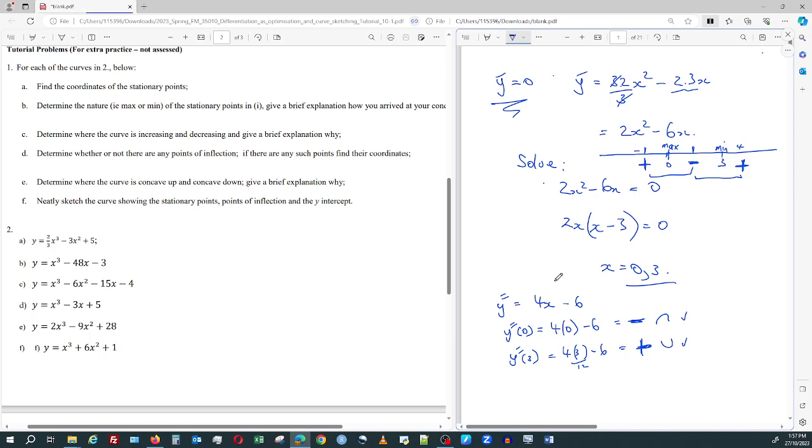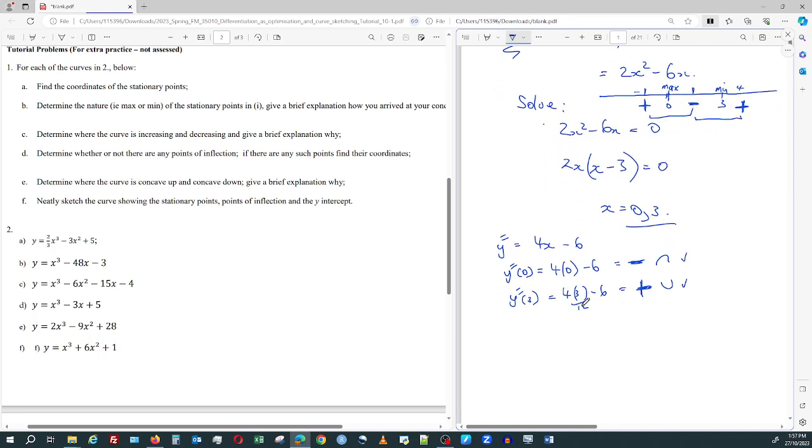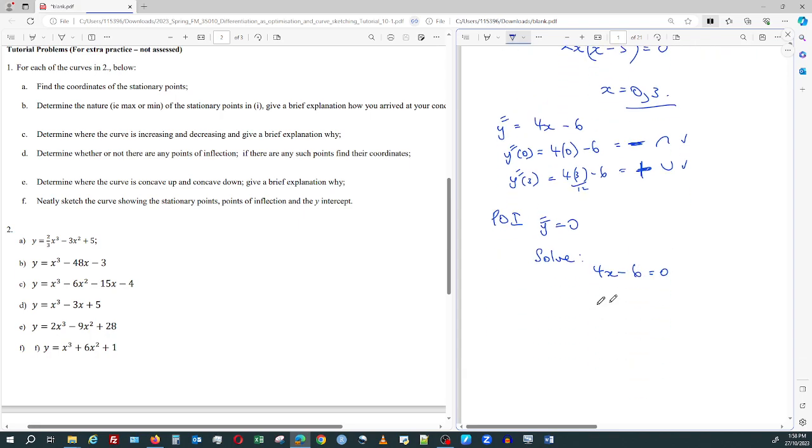Now, to find out if there's a point of inflection, what we have to do for a point of inflection is assign y double dash to 0. So that would mean solve 4x minus 6. Okay, 4x minus 6.